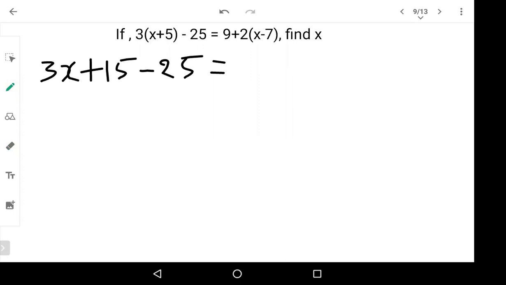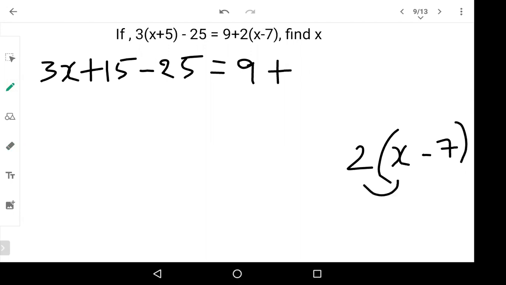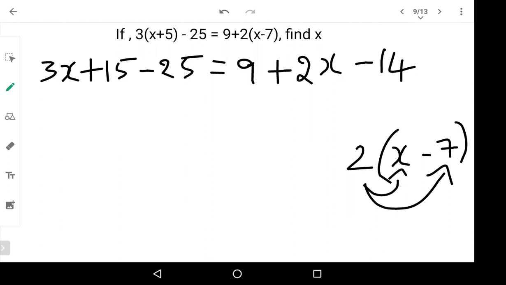That is going to be 9 plus, again we have 2 into x minus 7. Okay, so 2 into x is 2x. 2 into minus 7 is 2 sevens are 14. Since it is minus 2 into minus 7, so minus 14. So this will be our first step.